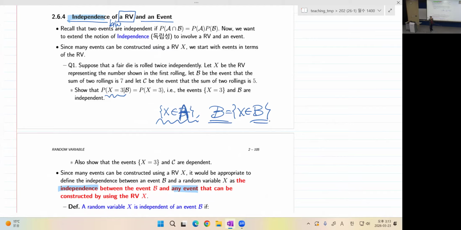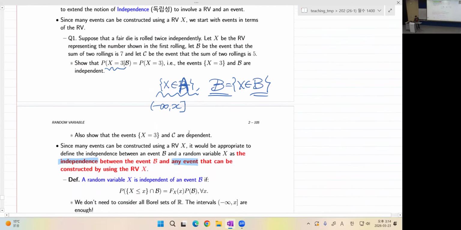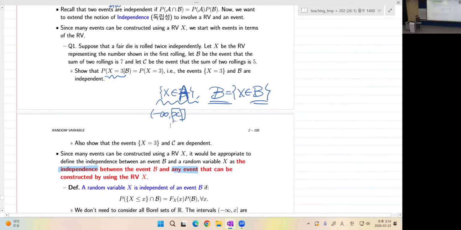Then what do we do? Don't scream. We remember that every Borel set can be generated by countable set operations on this type of set. So we instead choose this type of Borel set. What is it? It's a CDF type thing. Anyway, we may choose any real number here.